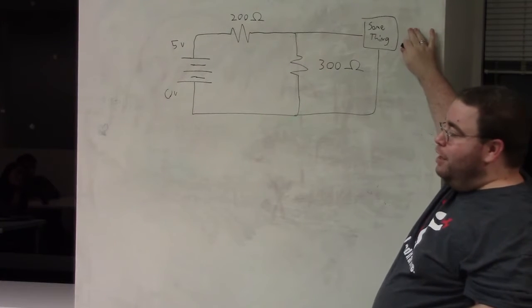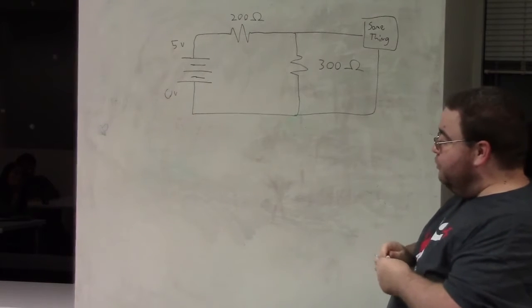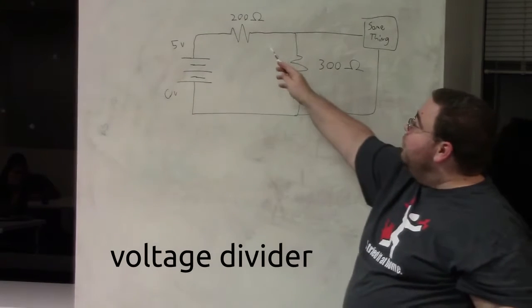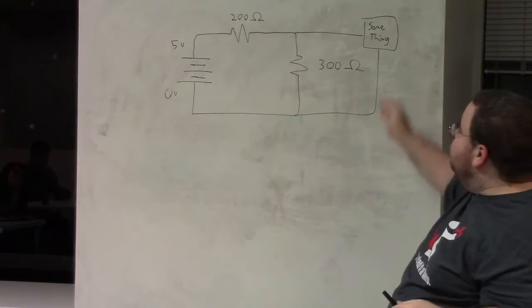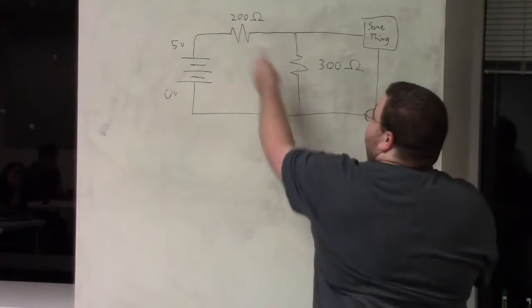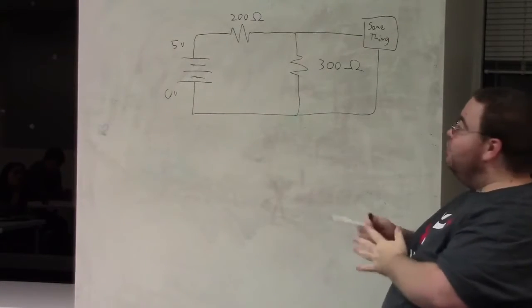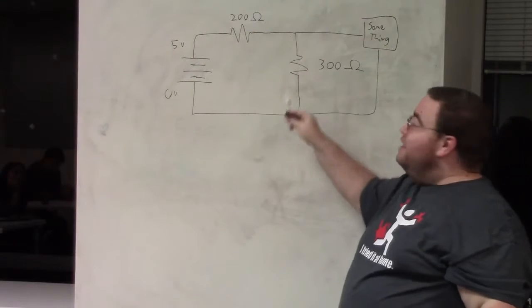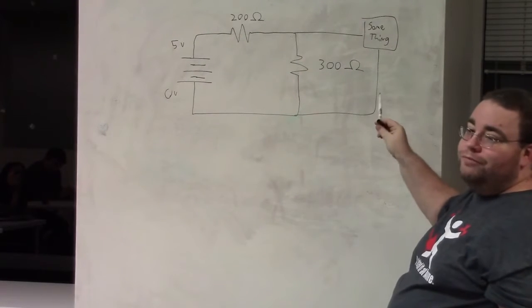It's kind of a crappy way, but it's one really easy way to do it. It's called a voltage divider. Typically you wouldn't do this for other reasons, because you're wasting amperage the entire time just running this voltage divider, in addition to whatever load this thing is. But that's one way to do it.